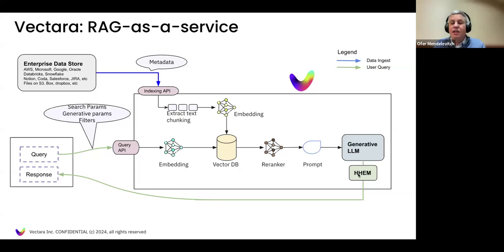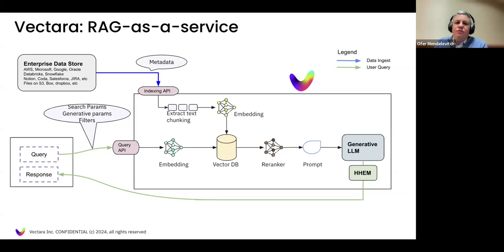I'll talk about it later, but it's a hallucination detection model. So you can take the response and determine whether it could be a hallucination, and then maybe show that score to the user, or even just remove it if it's really low and really seems like a hallucination, and then you send a response back. So there's a little bit more detail in that, but I wanted to give you a deep enough but not too deep view.